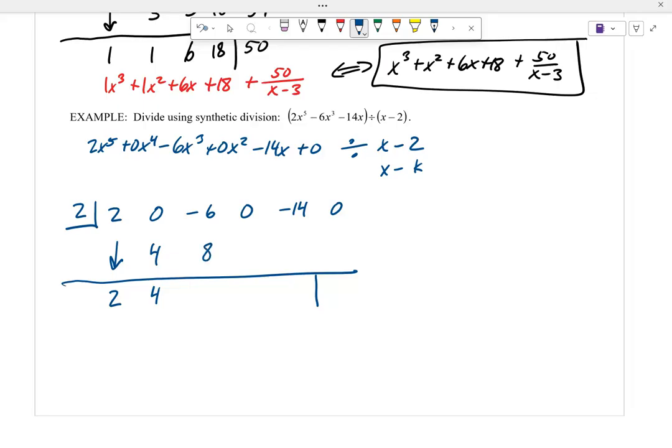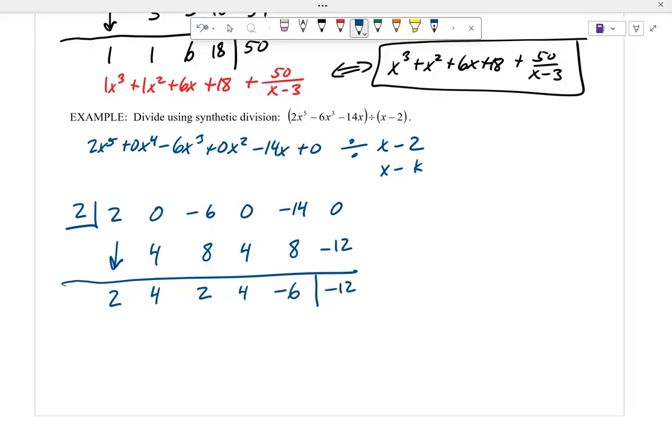Negative 6 plus 8, 2. 2 times the k, 4. 0 plus 4 is 4. 4 times the 2, 4 times the k is 8. Negative 14 plus 8. Negative 6 times 2. Negative 12. 0 minus 12. Negative 12.